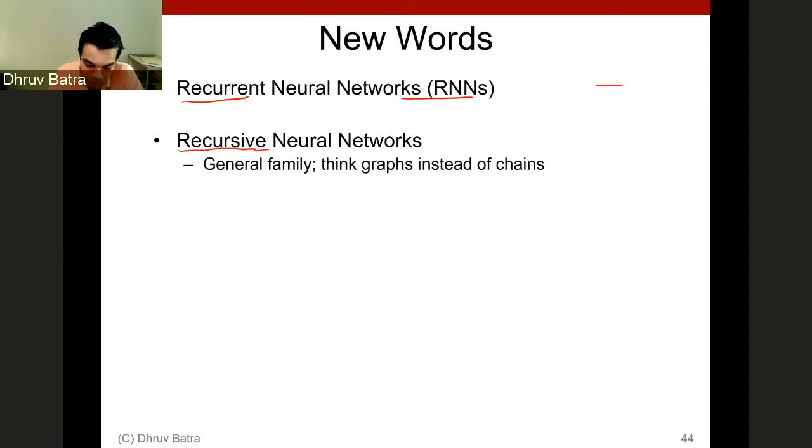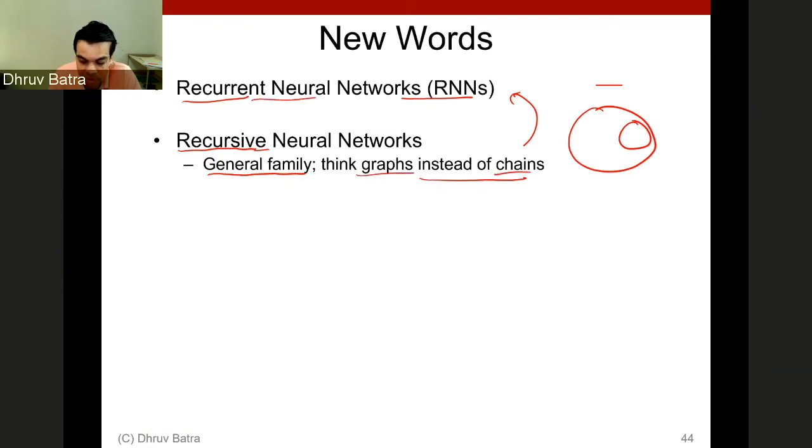But recursive neural networks are a more general family than recurrent neural networks, so they contain recurrent neural networks as a special case. We'll tell you about the directed acyclic graphs, with recurrent neural networks corresponding to chains, and recursive neural networks corresponding to arbitrary trees or DAGs.